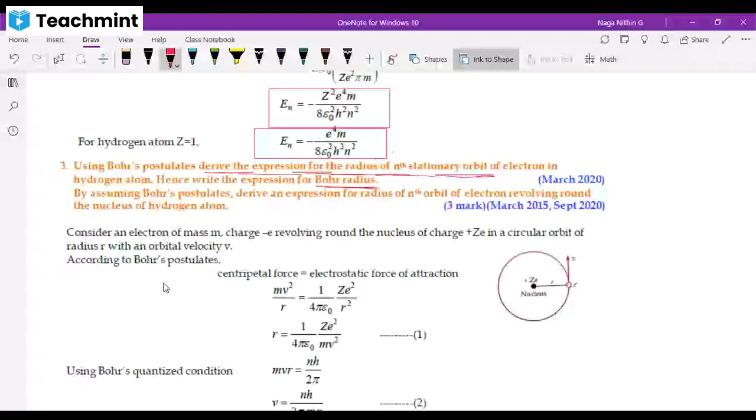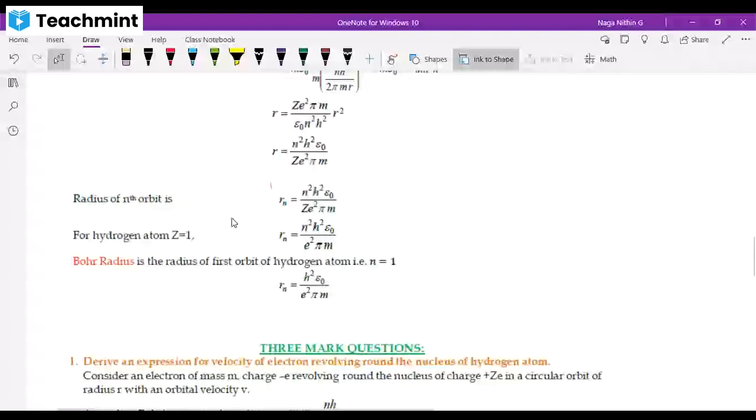For this also explanation is already there, you check it. Finally, the radius of the electron in the nth orbit: Rn is equal to n square h square epsilon naught by Z e square pi m. That will be the radius. For Bohr's radius you have to take n is equal to 1.